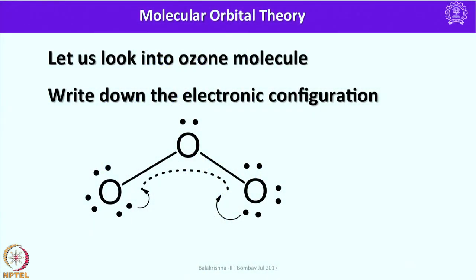Okay. So, let us look into the ozone molecule, and for ozone one can write down the electronic configuration I have shown there. You can see clearly here. Here 6 electrons are there, and it has 4 electrons and 6 electrons. That means the octet of these 2 terminal oxygen atoms is satisfied, whereas this one has only 6 electrons.